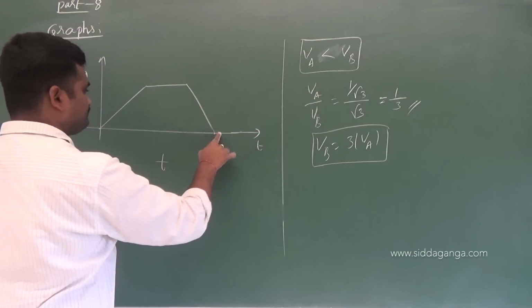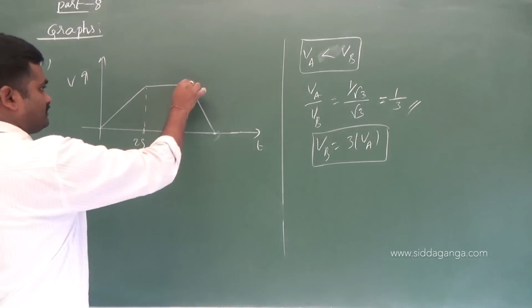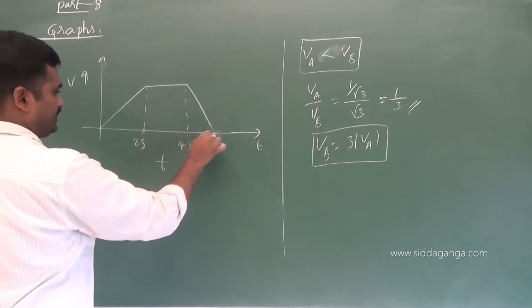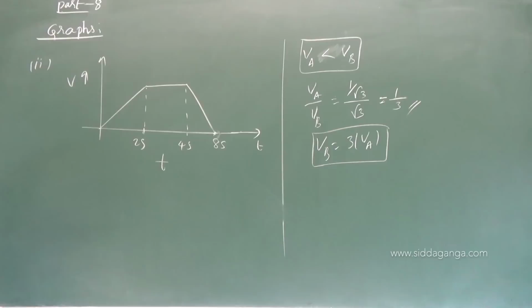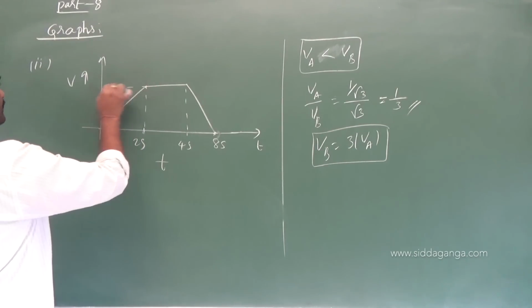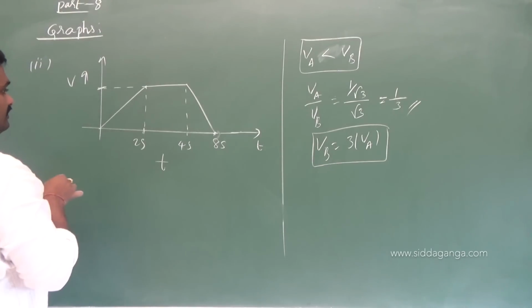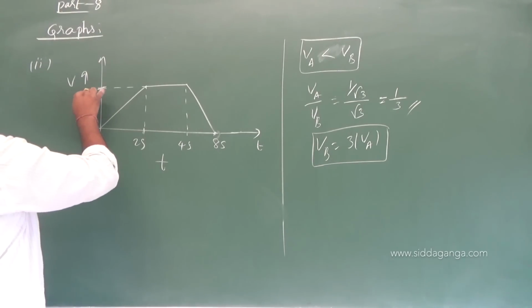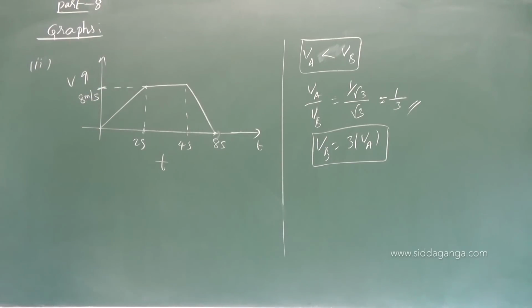This is 2 seconds, this is 4 seconds, this is 8 seconds: 2, 4 and 8. See carefully. And this value of velocity, 8 meter per second, let me say. 8 meter per second is given, for example.